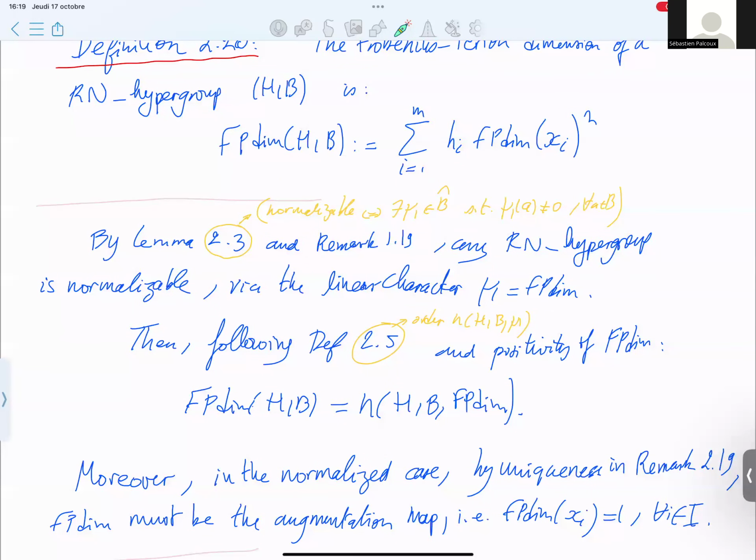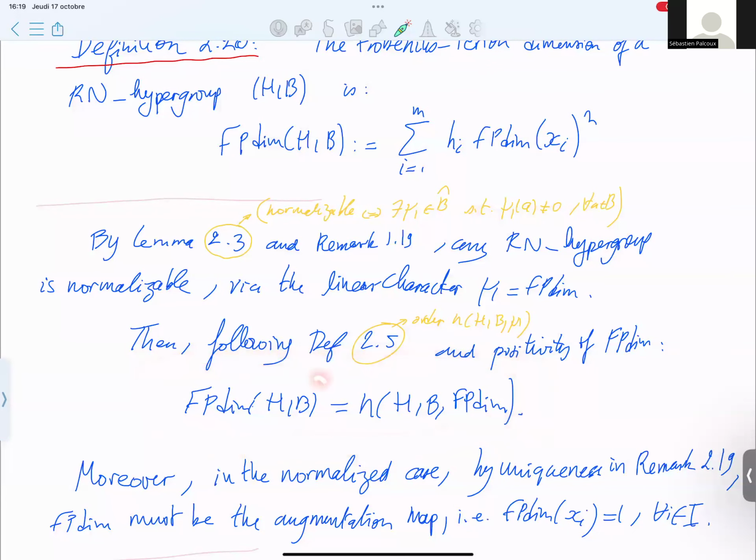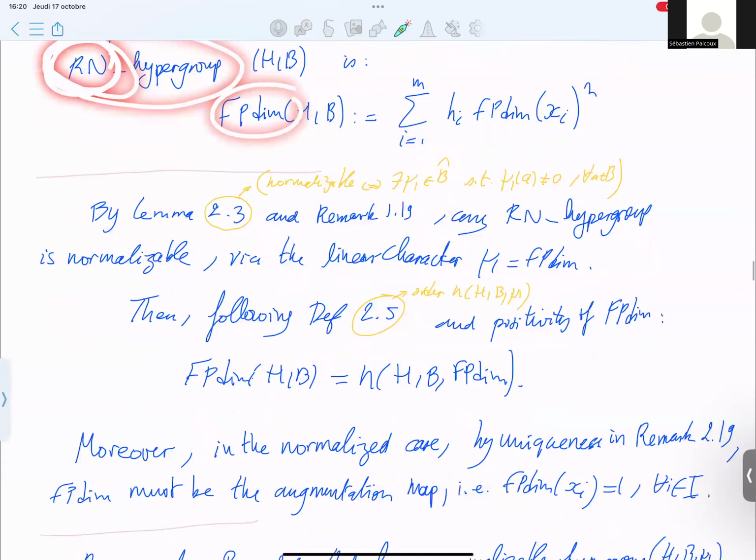So we already proved that the order is independent of the normalization. And so we get that, in fact, the order of the hypergroup is exactly the Frobenius-Perron dimension in the real non-negative case, because we need the real non-negative assumption to get the Frobenius-Perron dimension.